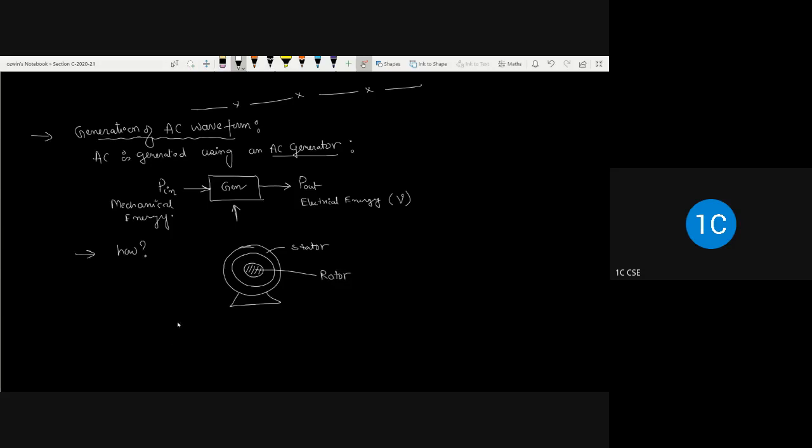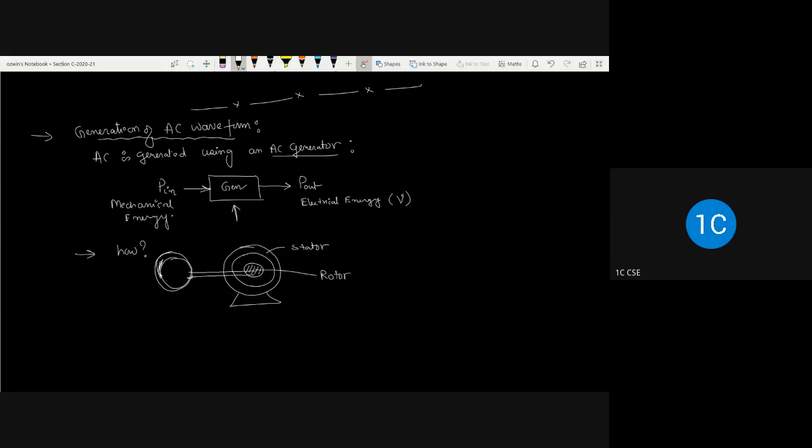Now, in case of a generator, the working is something like this. Since the rotor is free to move, the rotor is connected to a turbine. Let's say this is your turbine.